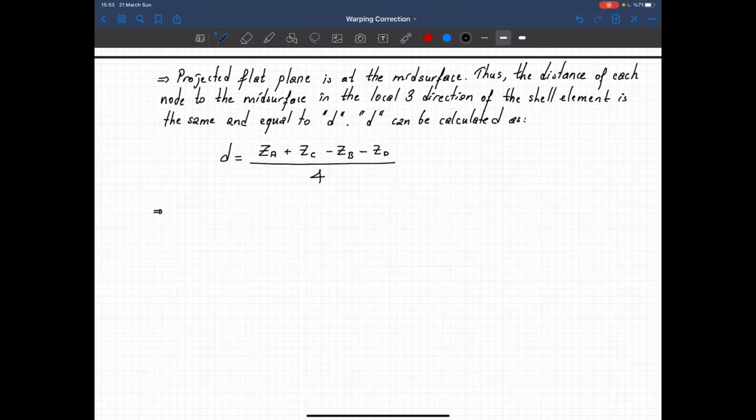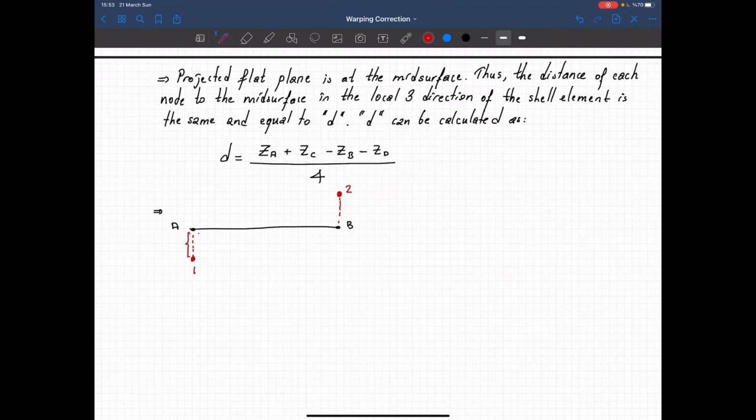So let's show a figure, just one edge of the member. That's point A. That's point B. We have point 1 here. We have point 2 here. This is 1 and 2.